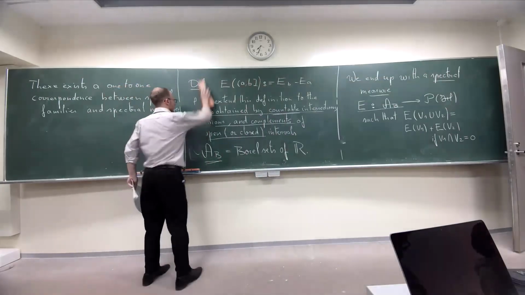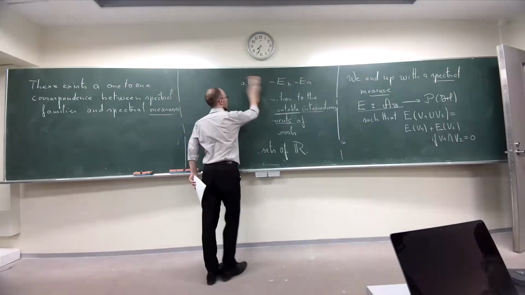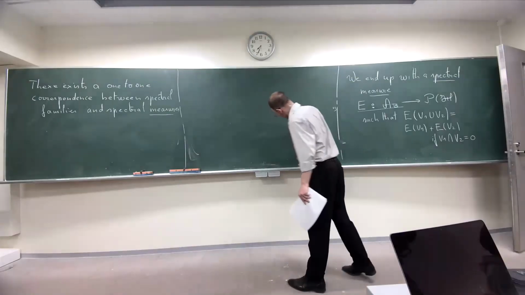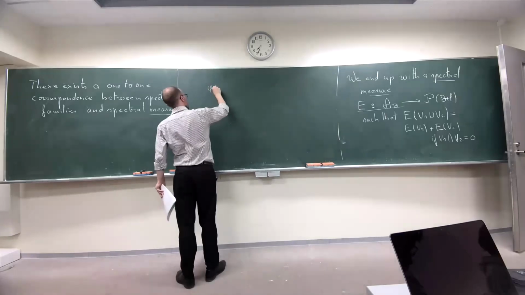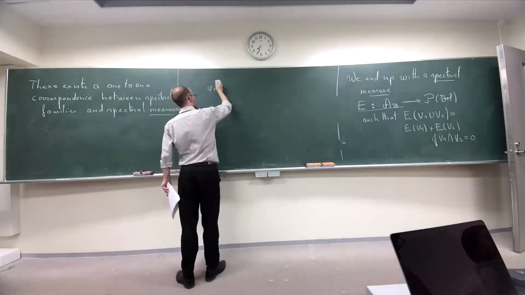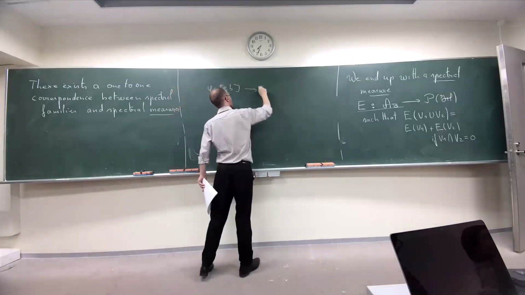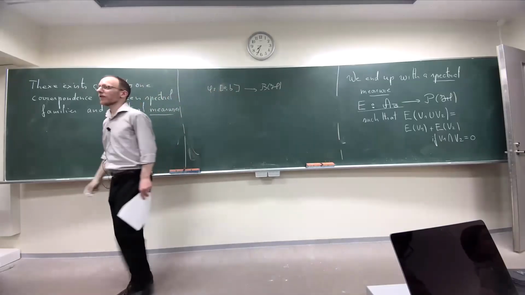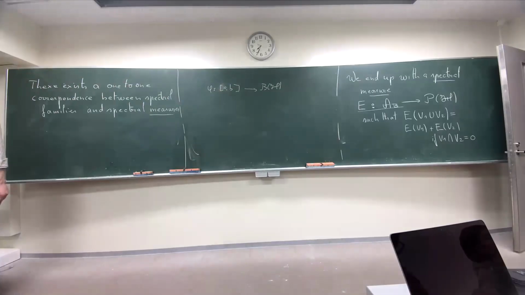What I want to do with this. You remember two weeks ago, I spoke about a function phi from an interval AB to B of H. It was an operator valued function. We are essentially in this framework.